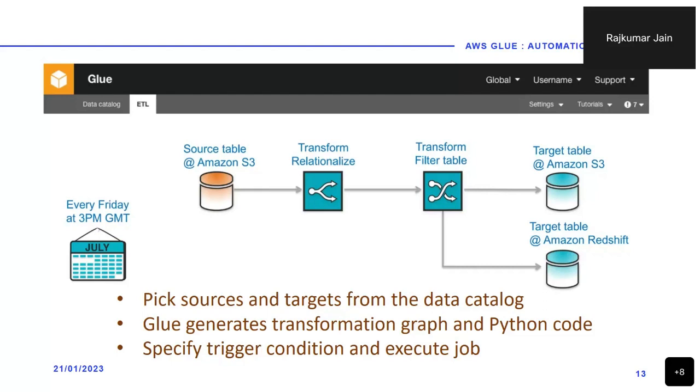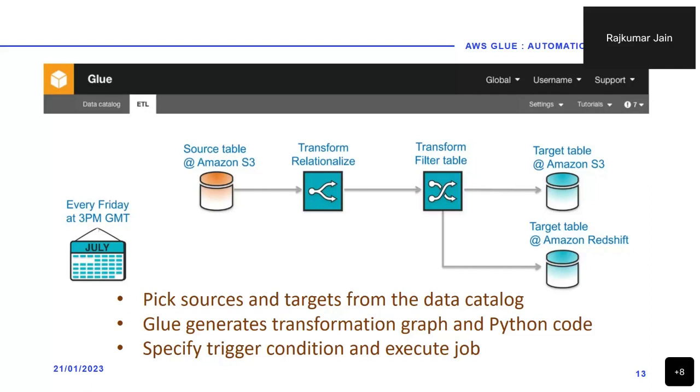We transform on the basis of our logic and the scripts which we have created, filter that data and put it into any target. Again, we can choose the target as Amazon S3, as our catalog, or as other databases. So we can transform that data and put it into the target data tables.